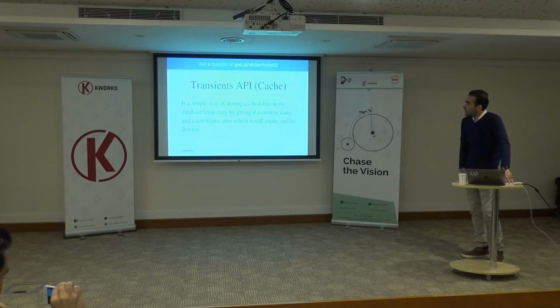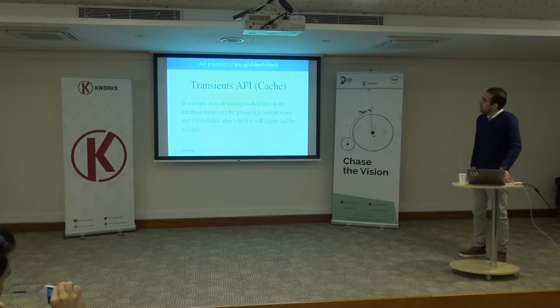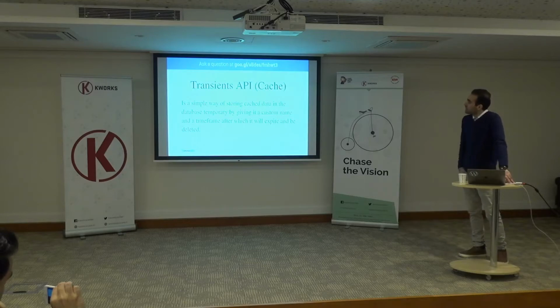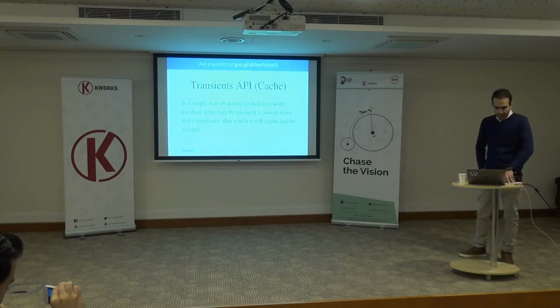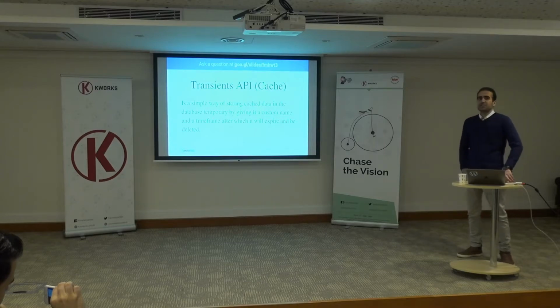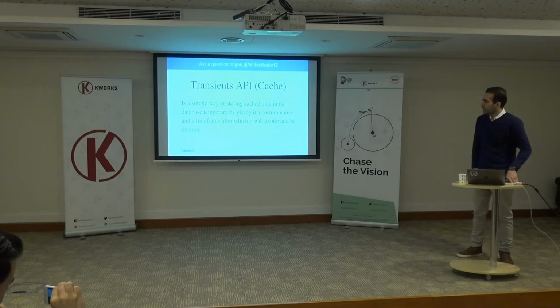Transient API or cache is a simple way of storing cache data in the database temporarily by giving it a custom name and a time frame after which it will expire and be deleted. For example, you can cache your slow queries. Let's see an example.